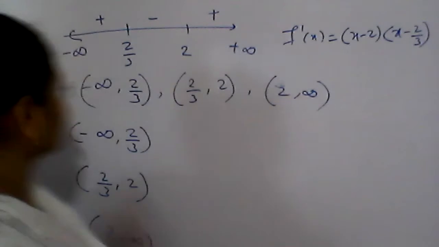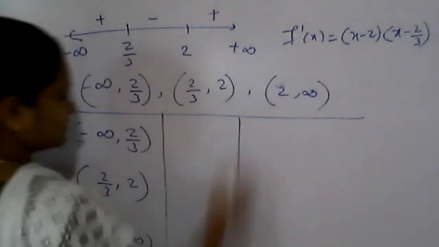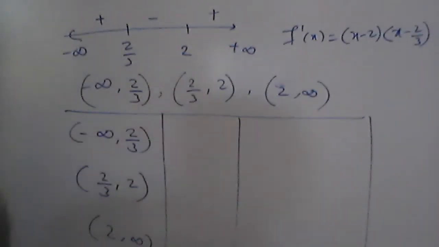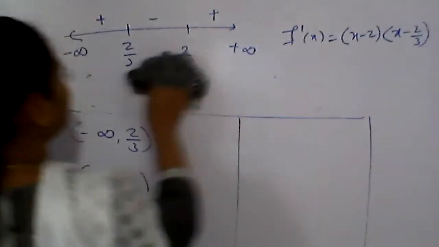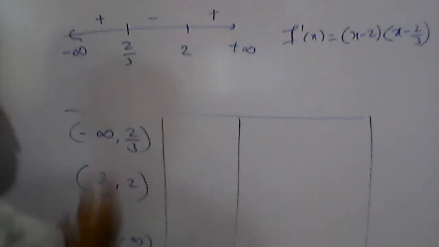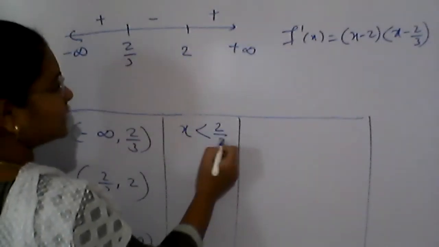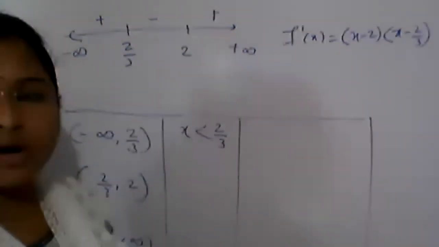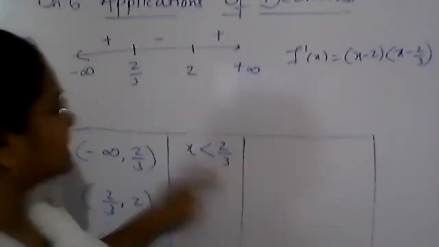Now in the first interval, minus infinity to 2 by 3, the value of x will be strictly less than 2 by 3.